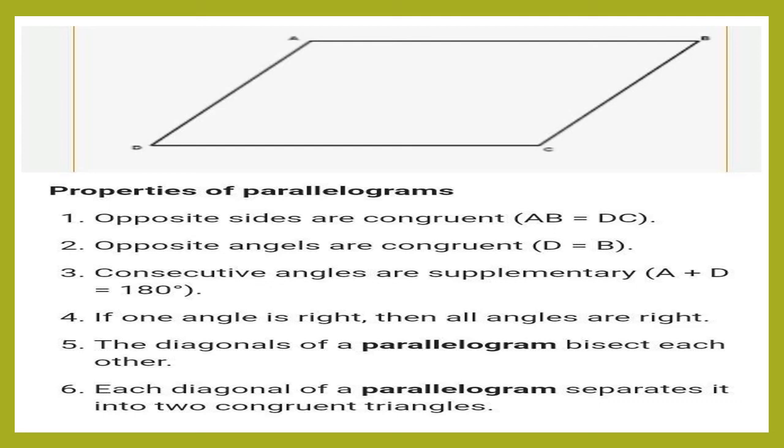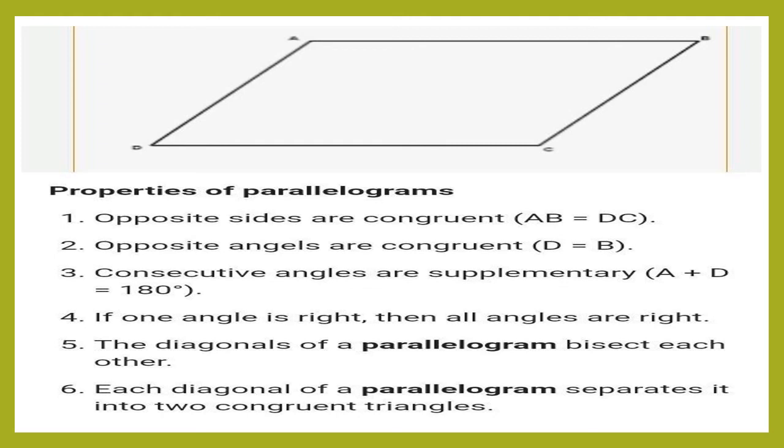In this exercise we gained the knowledge of applying the properties of parallelogram to solve problems, to find the values of angles or maybe the values of sides or diagonals. What properties did we discuss? The first property is opposite sides are congruent.